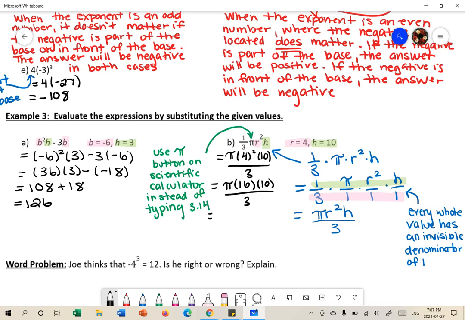So pi times 16 times 10 is equal to approximately, that dot on top of the equal sign means approximately, 502.65 divided by 3, which is equal to approximately 107.55. Now, when I'm rounding, I'm going to include this approximate sign.